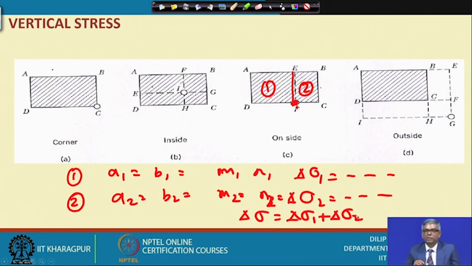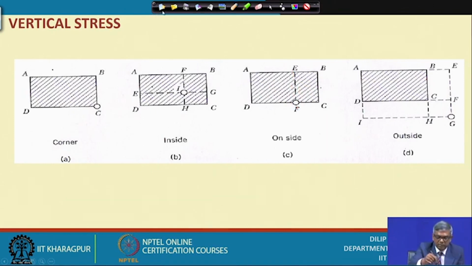Now, I will consider another point. Suppose I show the next one. You can see this is the case where I have to find out pressure at this point, which is outside the loading area. In that case, again similar to that, through this point I will draw a number of lines parallel to the sides.